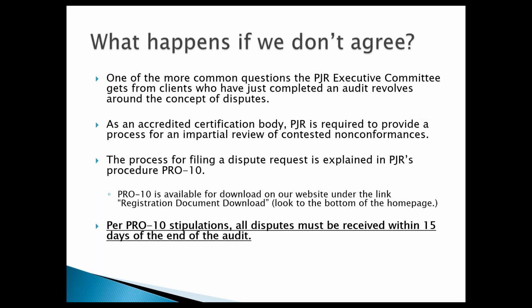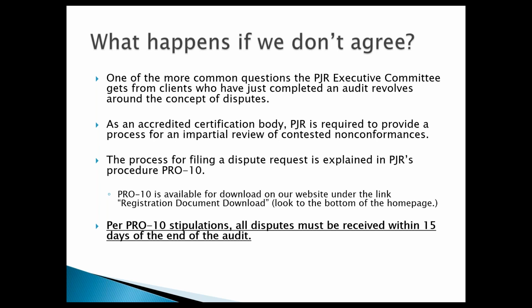Now, as I mentioned, in the context of an audit, especially an audit for an interpretive standard such as ISO 9001, it's going to be possible that we disagree. And how do we address things if we don't agree? If we've issued a nonconformance and the organization does not agree with one or more of the nonconformances that were issued, we do have a process that we call a dispute.